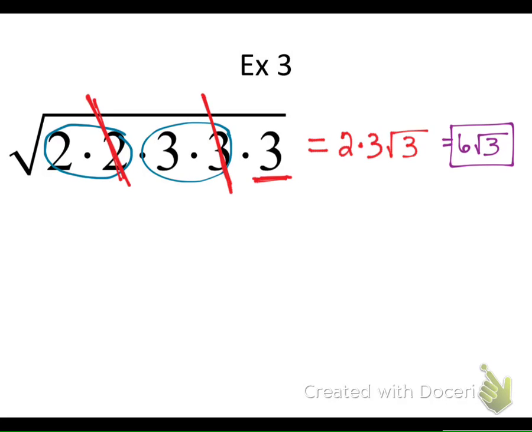Because it is not a perfect square, because it did not work out evenly, this is an example of simplifying a square root that is not a perfect square. Because that 3 did not have anything to cancel with the square root sign, it's stuck inside the square root sign. Now these got to move to the outside as a single number because their second number canceled with the square root sign. Okay?